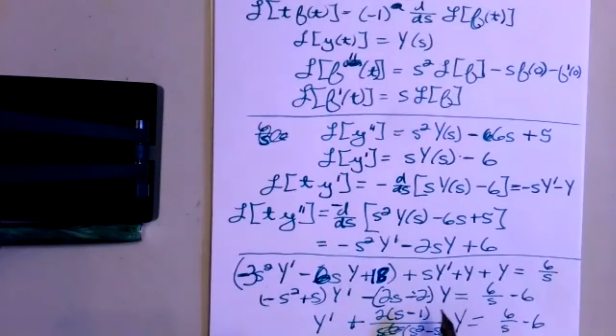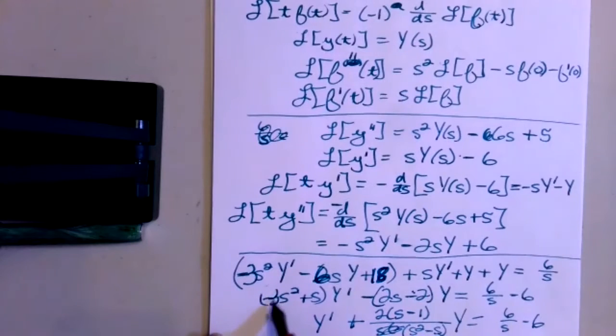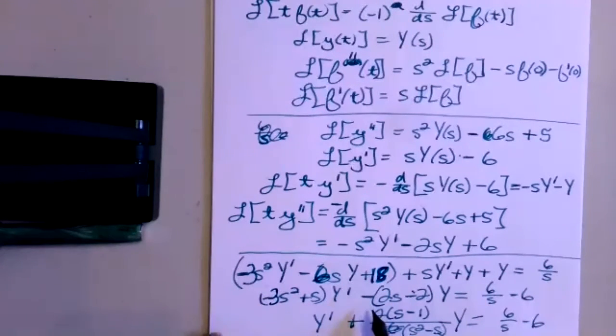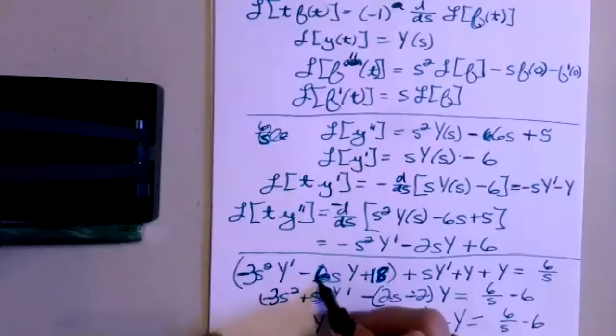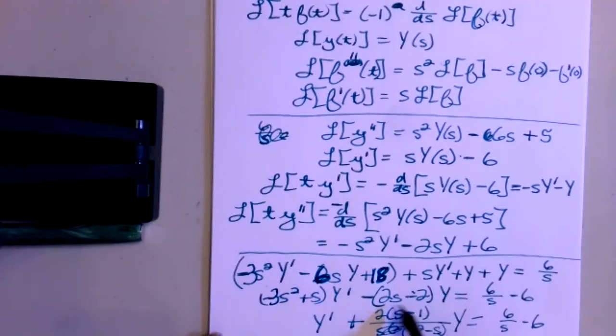So that gives me a minus 3s squared. And now this is a minus 6s, and then it's still minus 2. That's correct. And then on the other side, it is a minus 18.